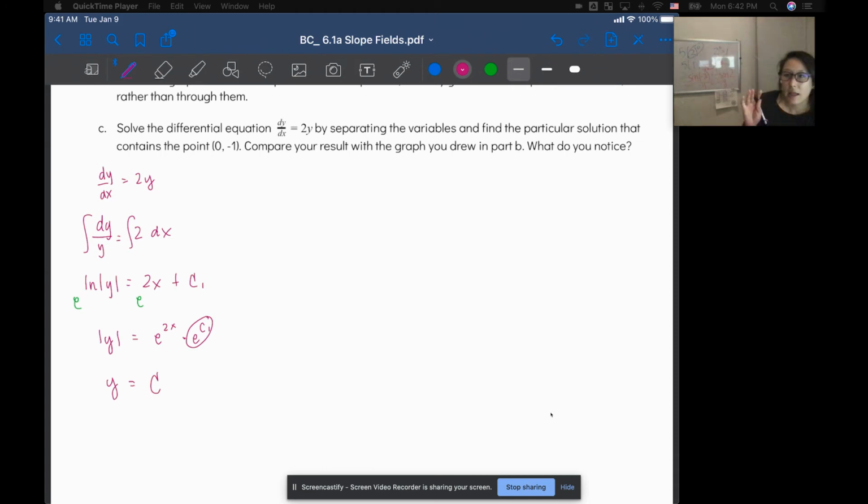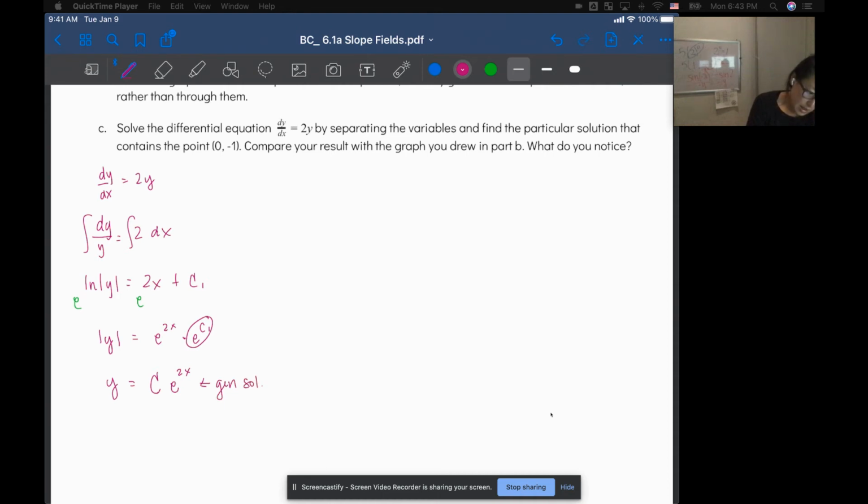And remember that the c will absorb the plus or minus from the absolute value sign, so we don't have to worry about them right now. So we get c times e to the 2x, and you can put c2 or you can just put plain c. We do know that it's different than our c1. Okay, so this is our general solution.